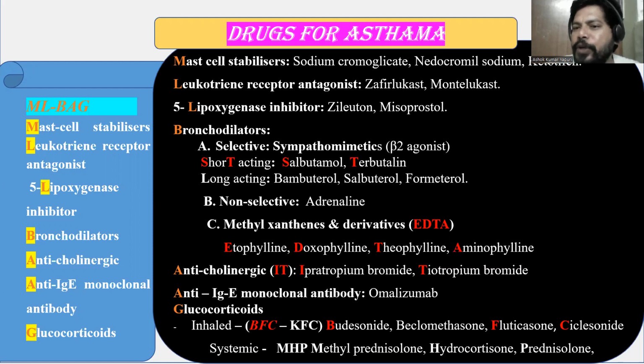In this video, I am discussing drugs useful for treatment of asthma. As you know already, asthma is a lung disease. It is mainly because of excess constriction of bronchial smooth muscle, which leads to narrowing of the air passages, and it may also develop inflammation in the lungs.